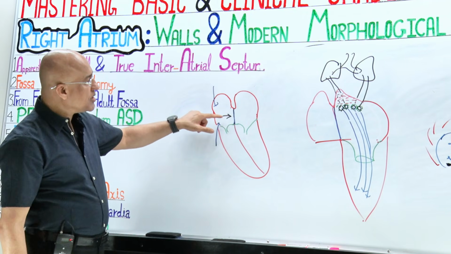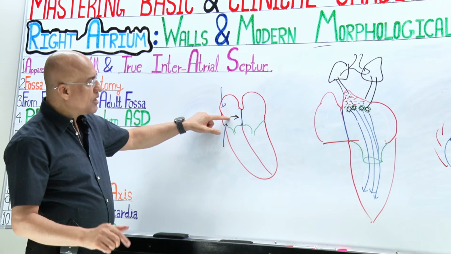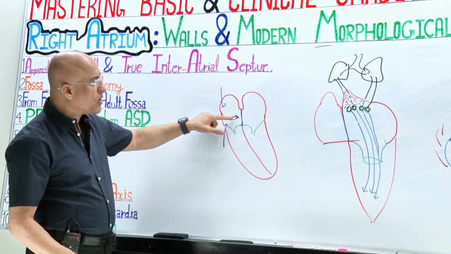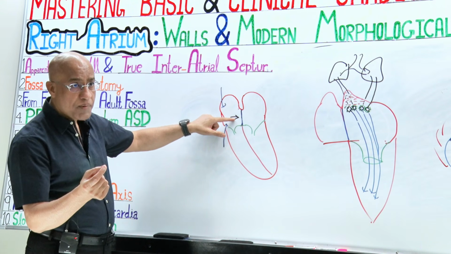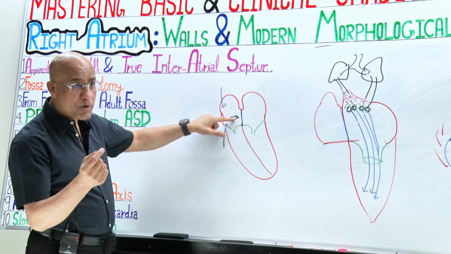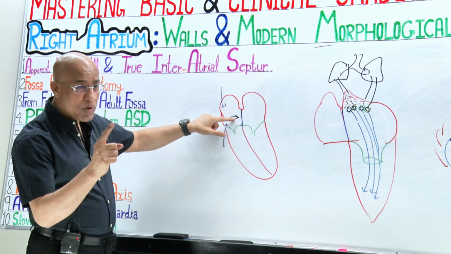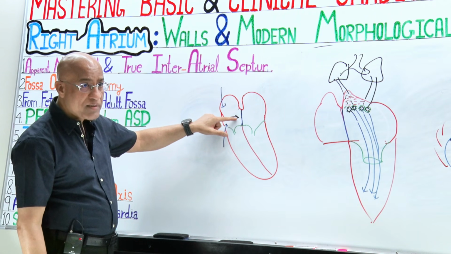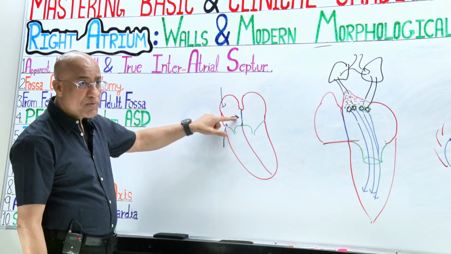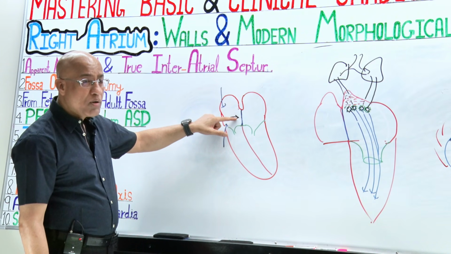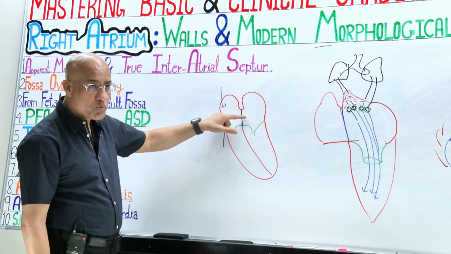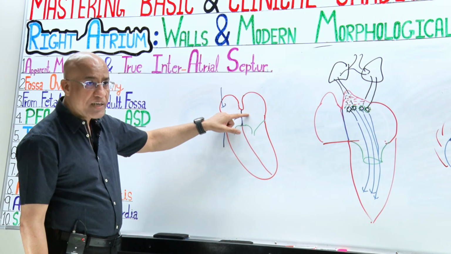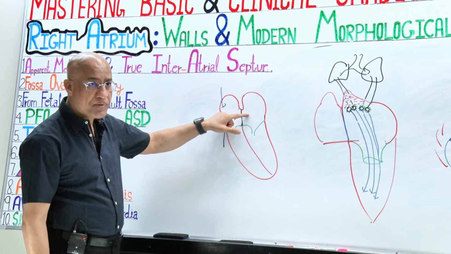But right now my only purpose is to tell the clinical importance of the medial wall. One is that you must be able to recognize and understand from where the foramen, or more truly fossa ovalis, came, and why we puncture through that and reach the left side, and why we want to go to the left atrium.